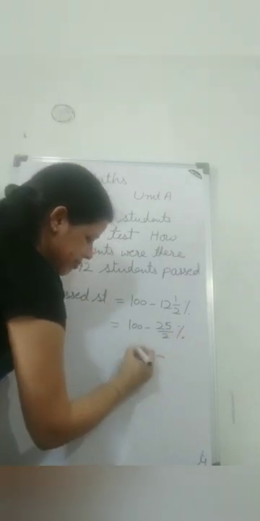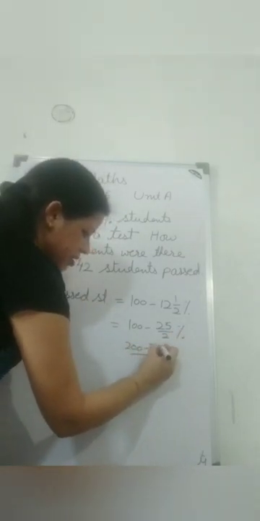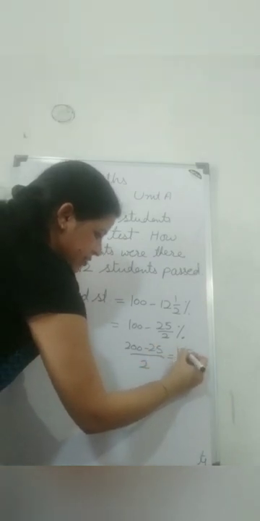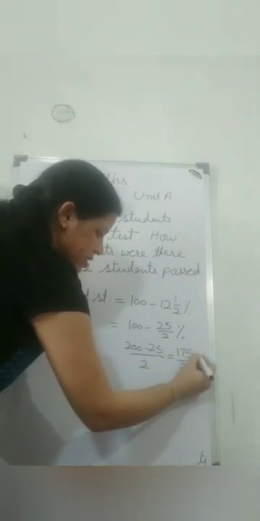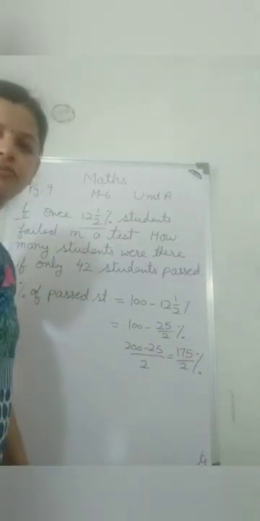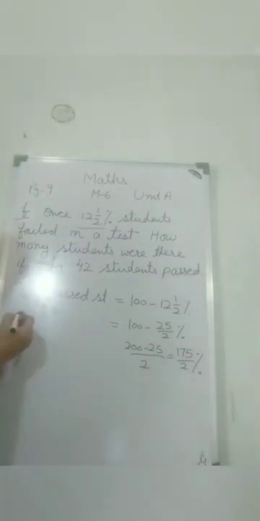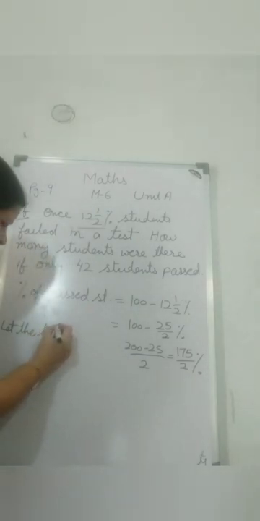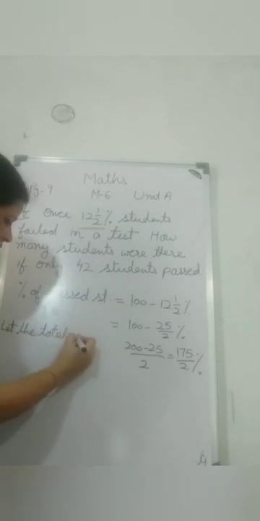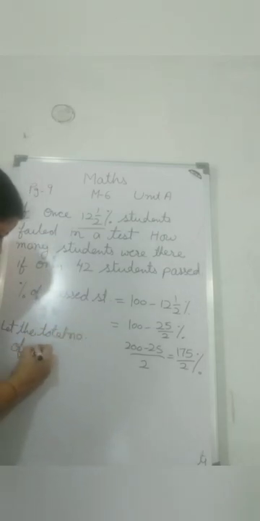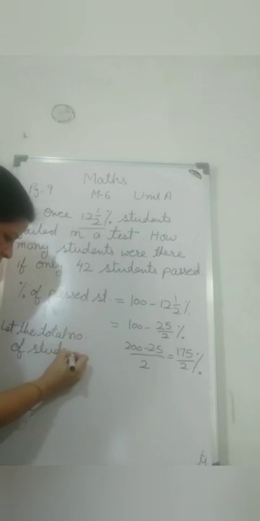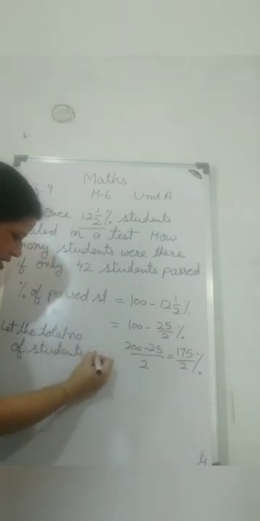Take the LCM and it is 175 upon 2%. This is the percentage of passed students. So let the total number of students be x.